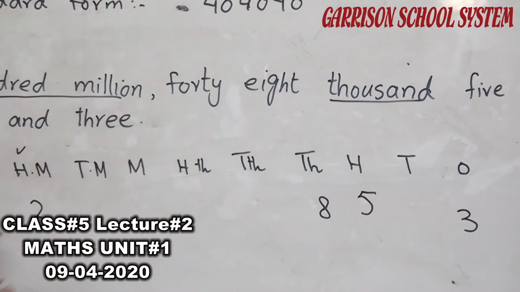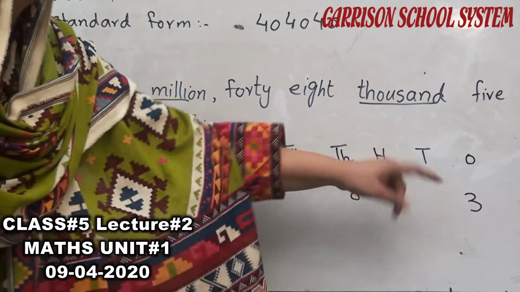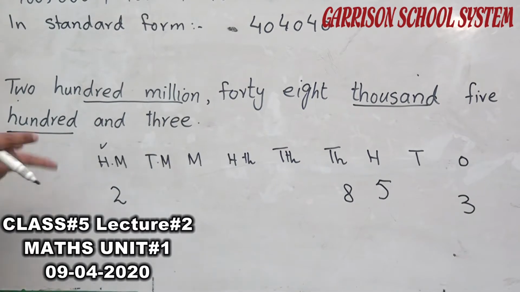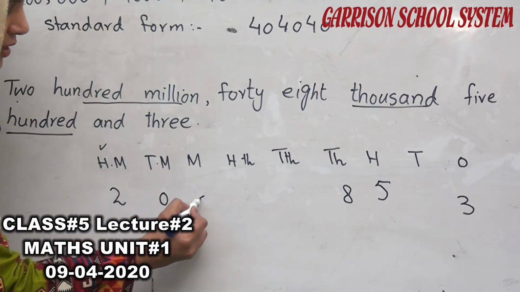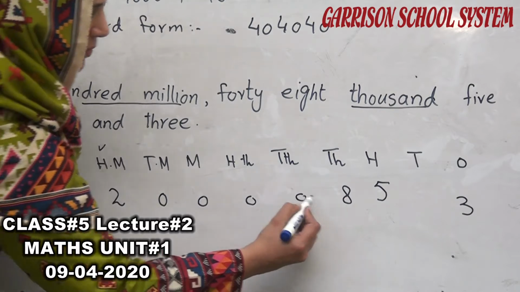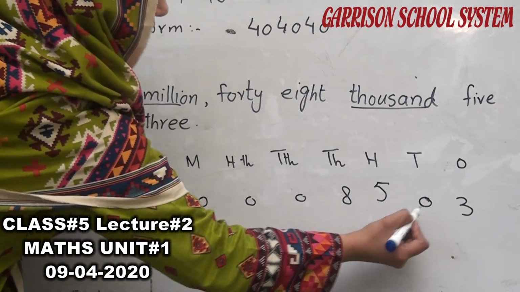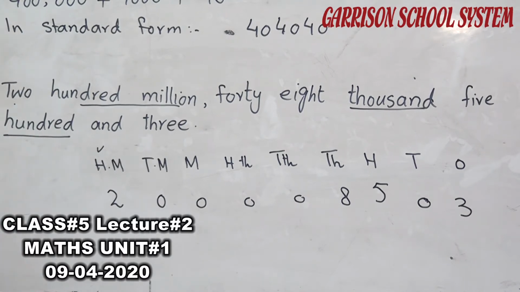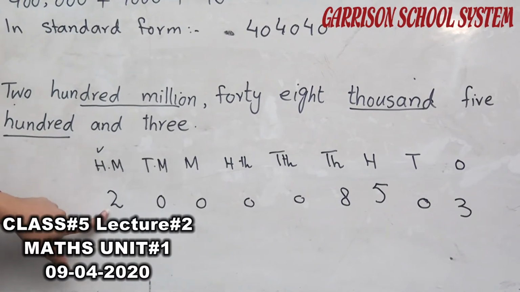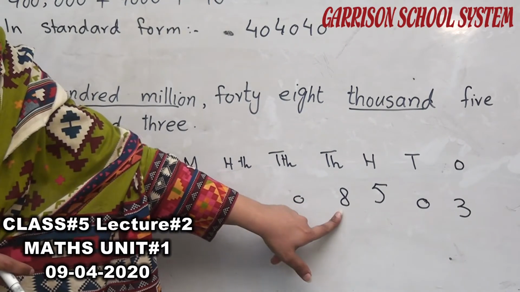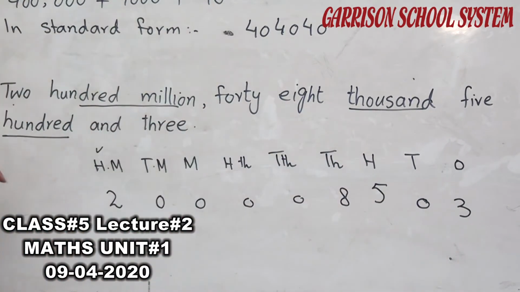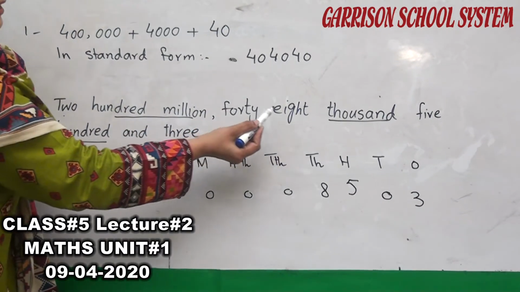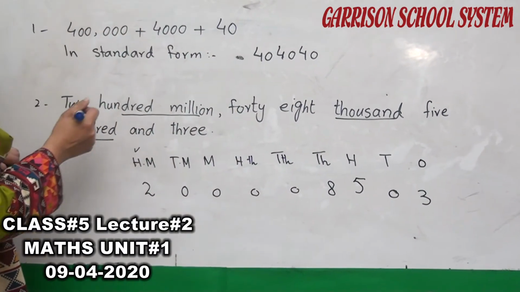So what about these blank spaces? Students, we will write 0 here, in these places, because we have to fill this empty space. So now we get the number 200,048,503.